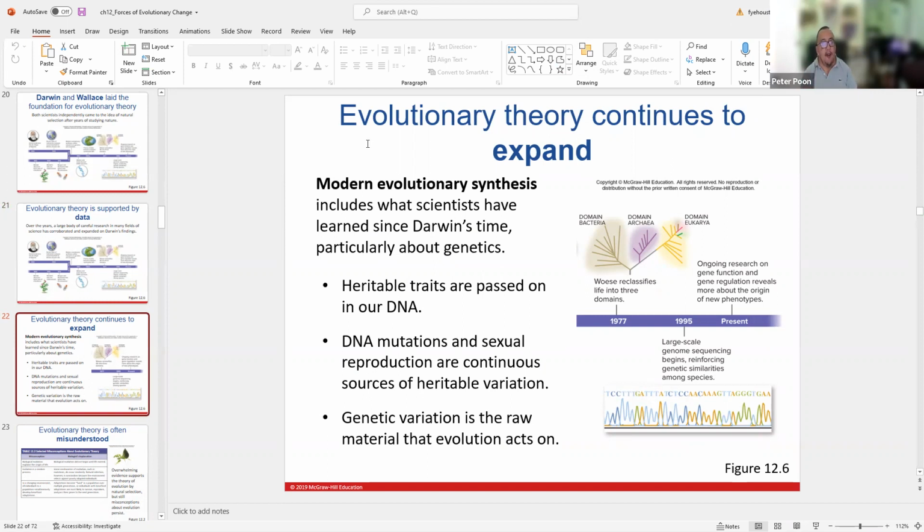Evolutionary theory continues to expand. We learn more and more about it, and so far everything has held up, including large-scale genome sequencing, etc.